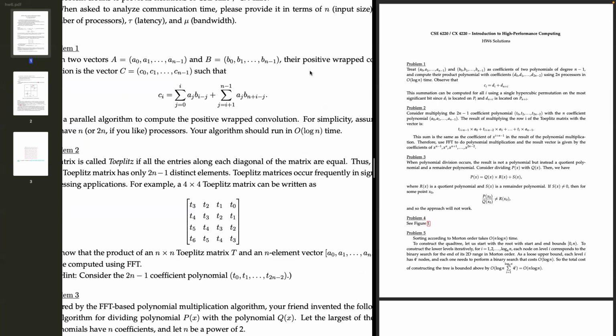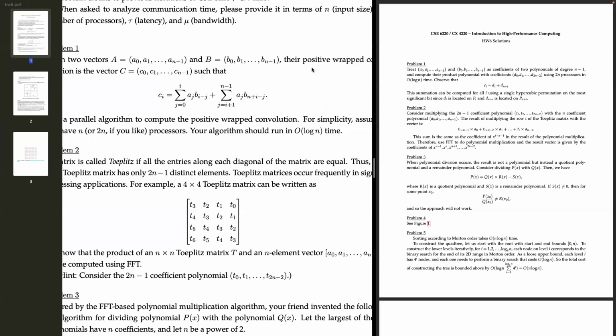But the thing on the right-hand side is starting from n plus I, and the thing on the left side is starting from I. And you want to compute this positive wrapped convolution with two processors. So what do you get if you just run the FFT on A and B? Which coefficients do you get?